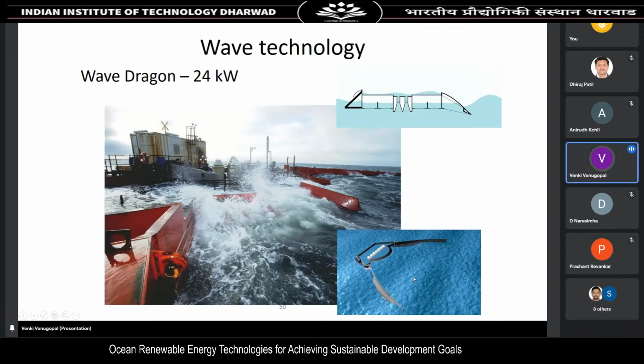Then another type of technology is called the terminator type, or wave overtopping type. You could see the wave overtops the device, and it is being collected in the reservoir. Then when it is sent through the Wells turbine or impulse turbines, it gets used in the production of electricity.